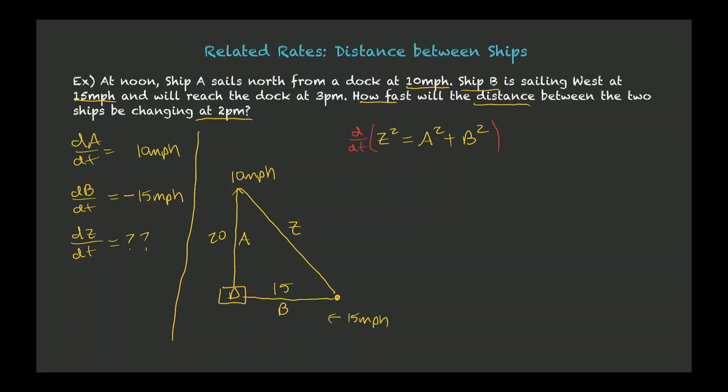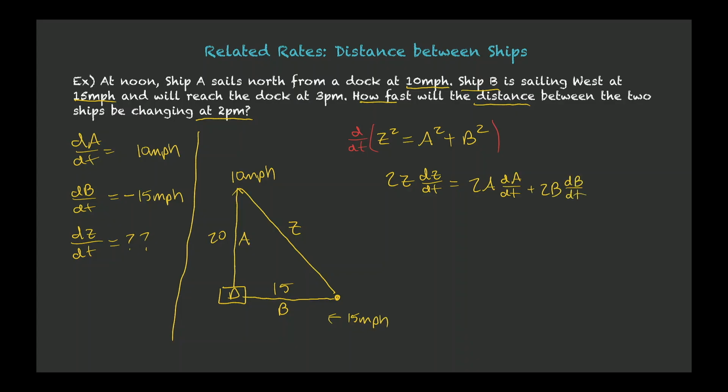The derivative of z squared is 2z, and then we tack on our chain rule, dz/dt. Okay. On the other side, we have 2a for the derivative of a squared, but we have to tack on dA/dt. Again, anytime you take the derivative of a variable, you tack on the variable's dt. Our last derivative is b squared, it becomes 2b, and then dB/dt.